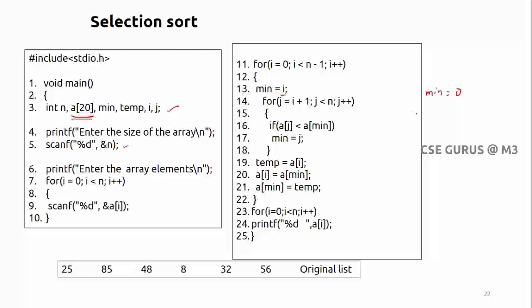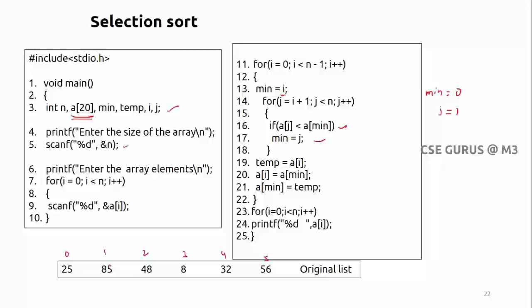Now j starts from what? i plus 1, that is 1. This is the logic to find the index of the minimum value. If you trace it, minimum equals 0, j equals 1. What is a of 1? Index starts from 0, right? So a of 1 is 85.